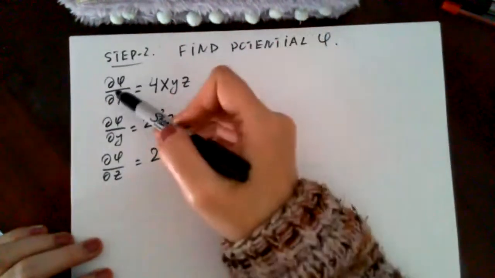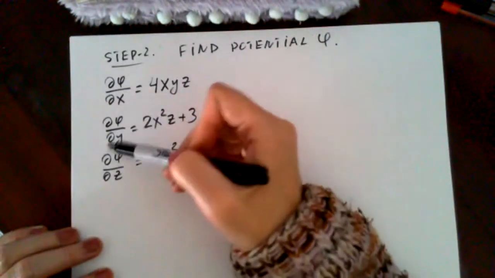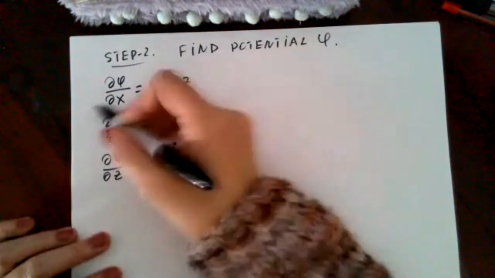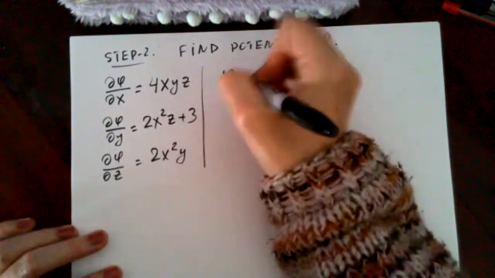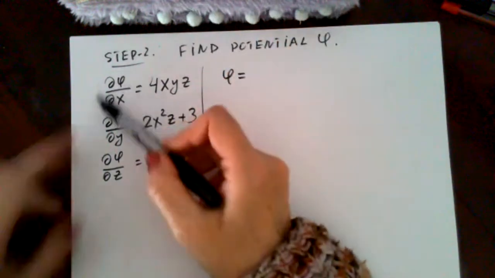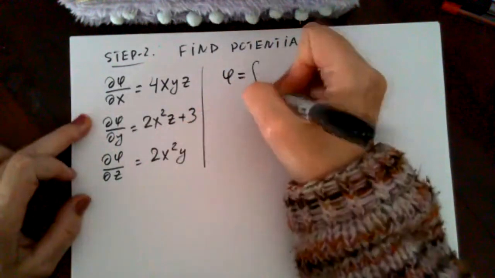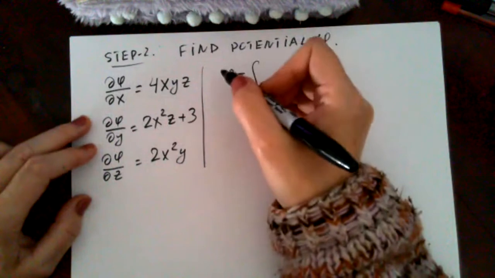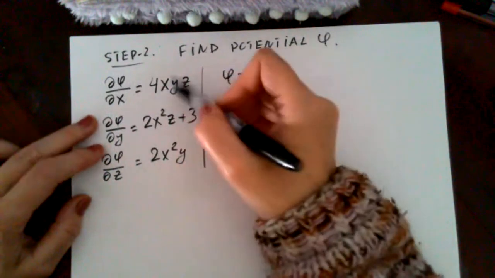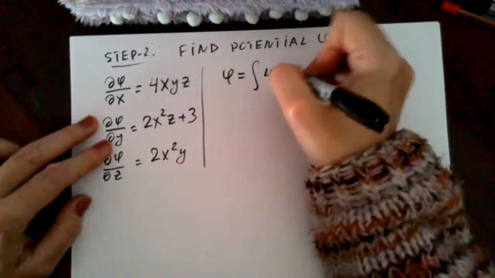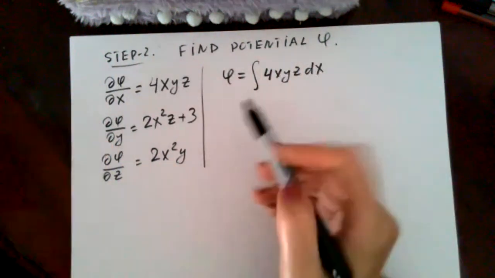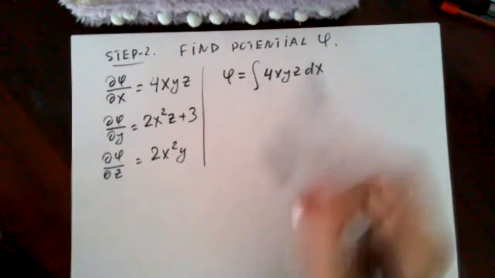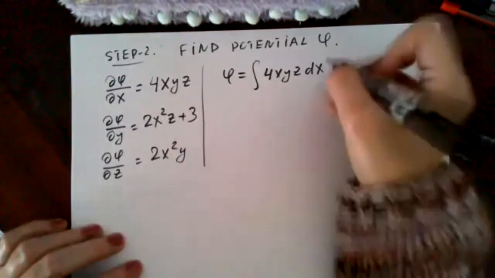So the first step, we need to use all these three pieces of information in turn. So let's use the first piece of information. We can integrate this expression by x, and then it will be the first step in finding our function phi. I'm not going to write as much as last time, because I'm not explaining it to you anymore. I'm just reminding you of this technique.